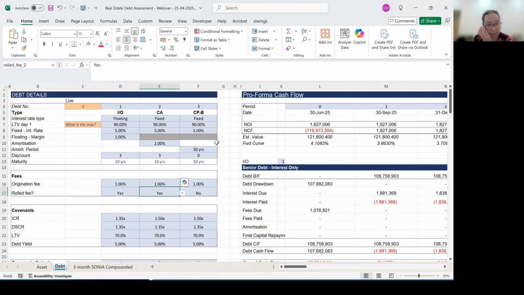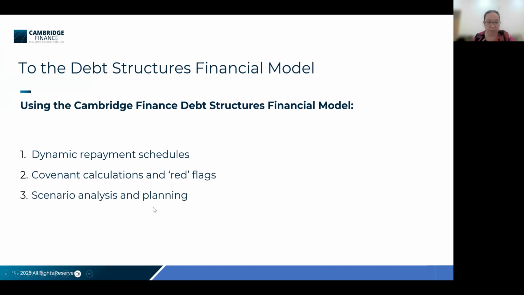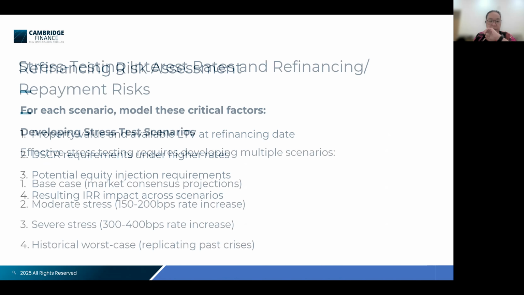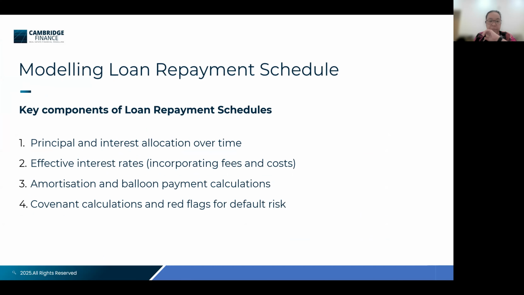Right. So here, what I normally do is, when we talk about the structuring of the debt, we need to look at the principal and interest allocation over time.